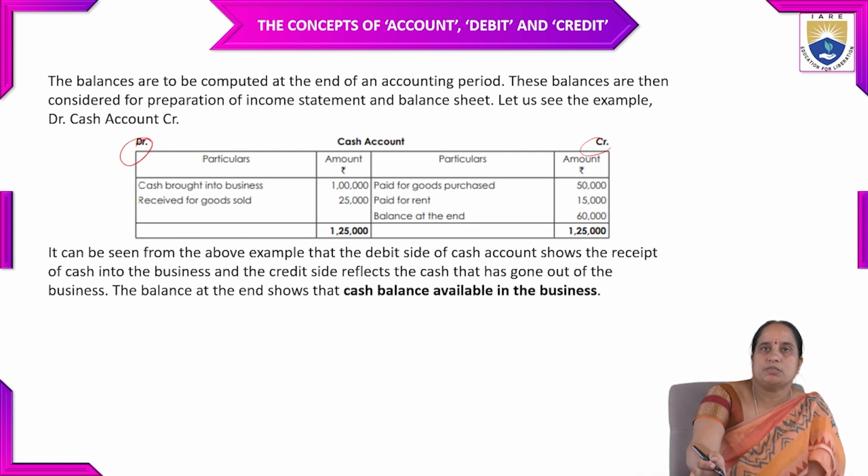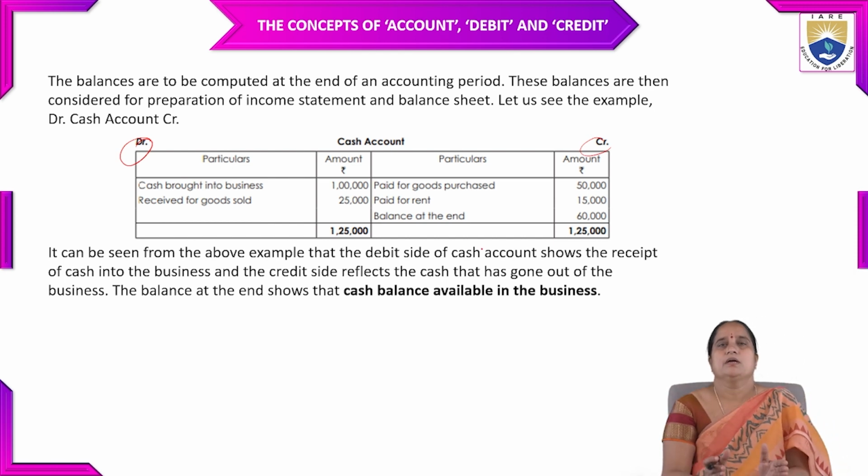As we purchased some goods, we paid some amount in the form of cash, that is 50,000, that is an expenditure, and paid for rent, that is also an expenditure, 15,000, and balance at the end. If you see, the debit side balance is 1,25,000, whereas on the credit side we have only 65,000. So the balance at the end is 60,000, so that we are able to balance both sides of the cash account.